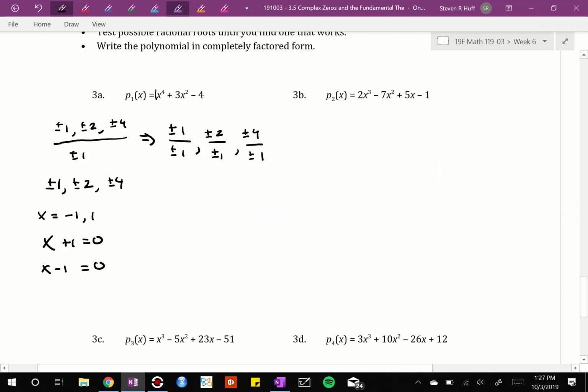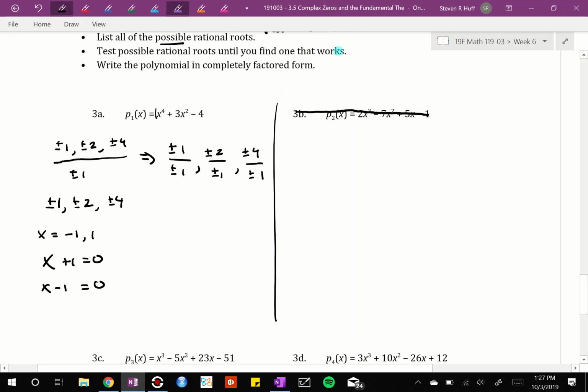Okay, so we're just going to ignore this one, and I can use the space to continue this math. We tested possible rational roots until we found ones that work. Here are the ones that work. And then we need to write it in factored form. The only way we're going to write this in factored form is if we start dividing and getting the factors.